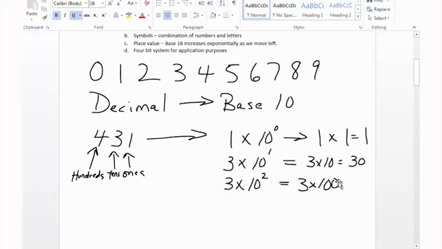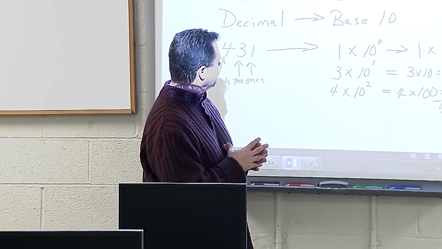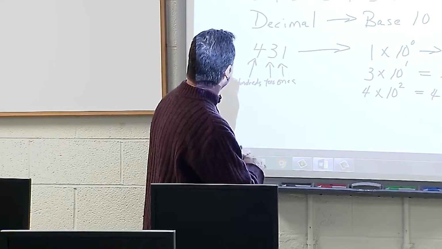I'm sorry, that should be a 4. 4 times 100, which is equal to 400. Now, if we add these values up, 400 plus 30 plus 1, we have just arrived at the value 431. So we basically translated this using our numbering system, and this is the base 10 system.